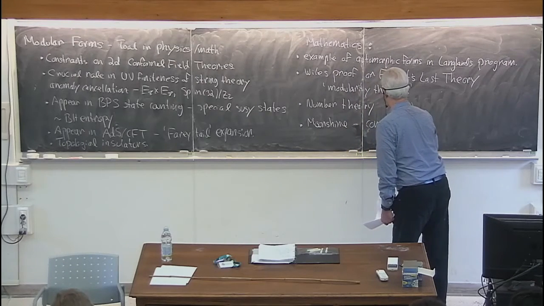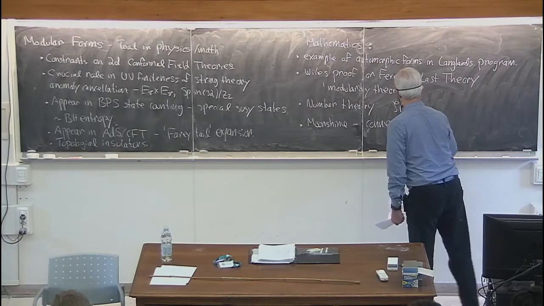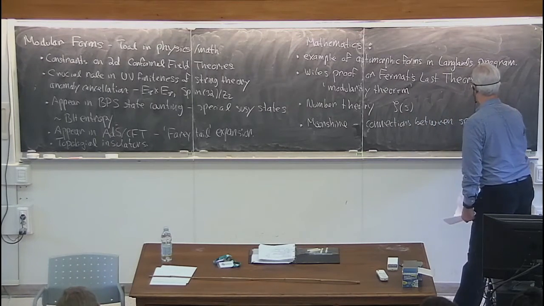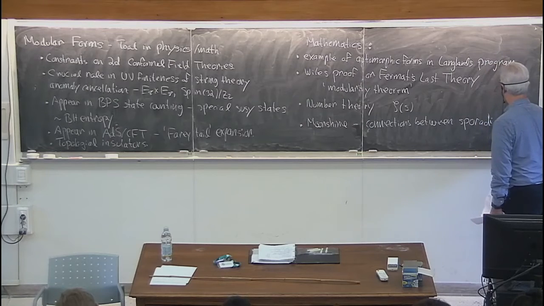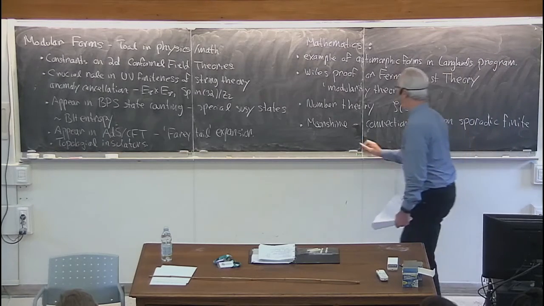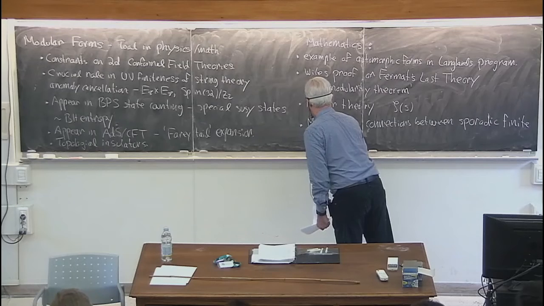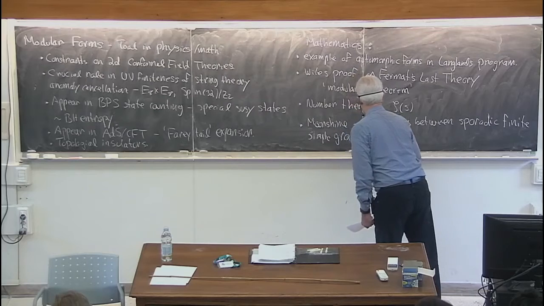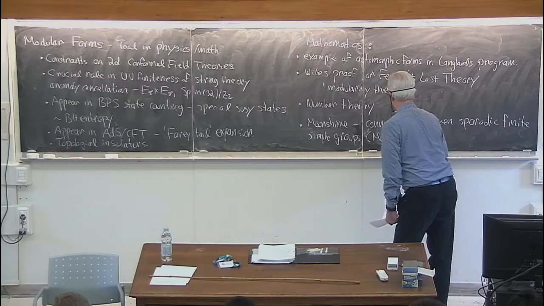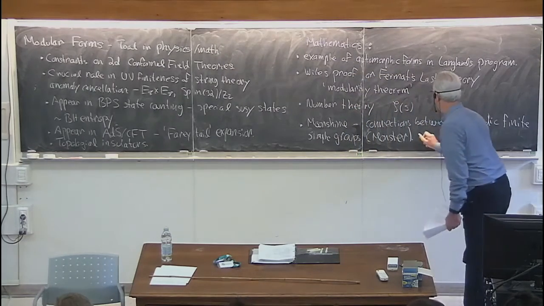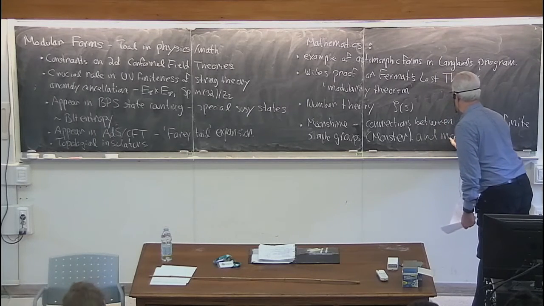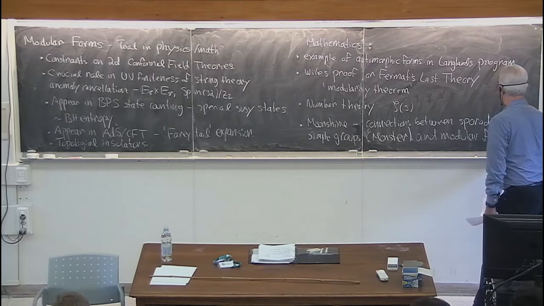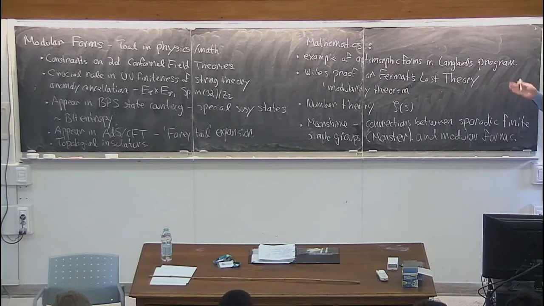Moonshine refers to connections between special sporadic finite simple groups, for example, the monster, which is the largest sporadic finite simple group, and various kinds of modular forms. And I'm sure there are many more applications that could be listed here.